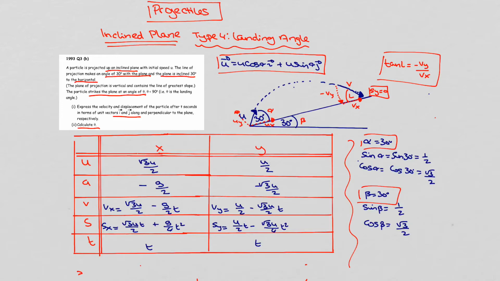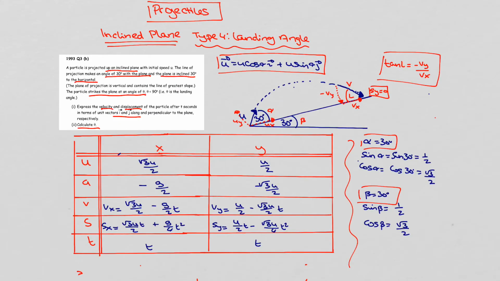Okay, so the first thing it wants here now is, it doesn't normally ask for this, but we're looking for our velocity and displacement in terms of i and j. So therefore for part 1, if we're looking for our velocity vector, well, that's going to be Vx, which is our i direction, and Vy, which is our j direction. So our Vx and our Vy then, if I sub in, well, what did we say Vx was?